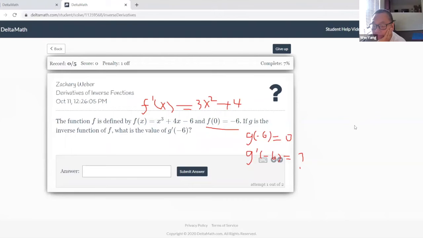The derivative of this: the original function is this, and the derivative of the inverse function should have a formula. That should be 1 over that. Give me a second. Inverse.